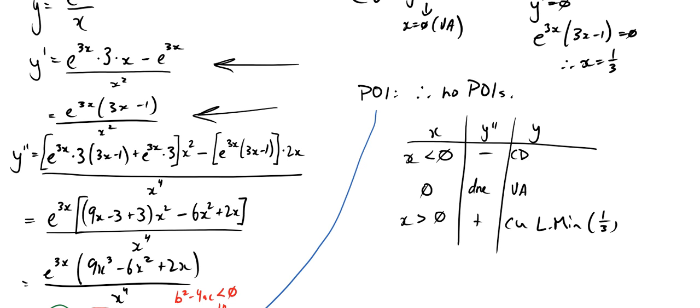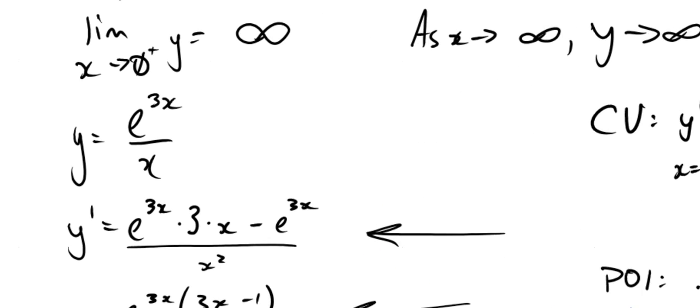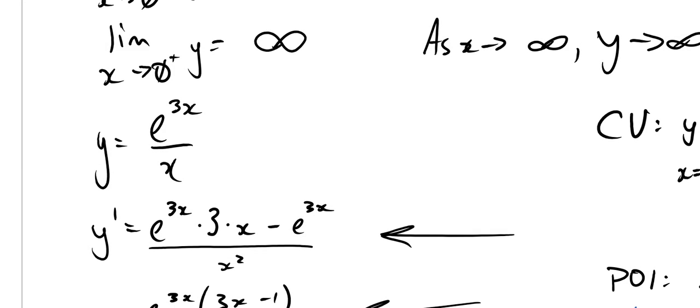At 1/3. And I think I still have the original function in my calculator here. So I'm just going to punch this in. 1/3. And I get approximately 8.15. But when I look up at the function, what do I get here? When I put 1/3 in here, that's just gone, so that's just e.